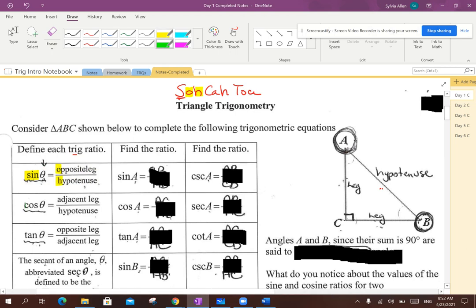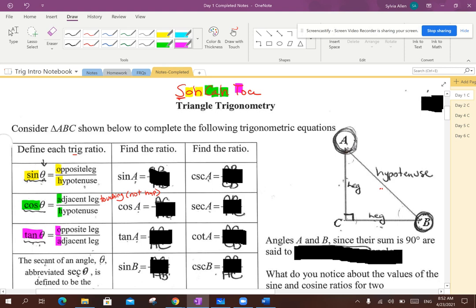And then we've got cosine, which is adjacent over hypotenuse. So adjacent, I want you to make sure that you understand that's two things. It's the side touching, but not the hypotenuse. So be careful with that. And then we've also got tangent, which is the opposite leg over the adjacent leg.